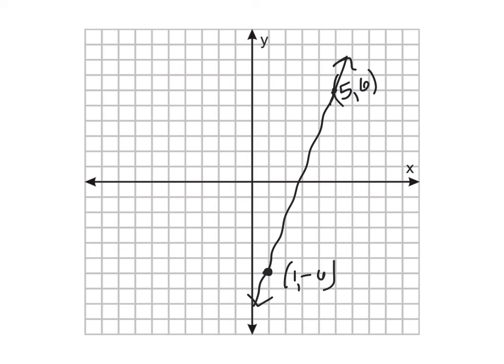So when we are looking for slope from a graph, we're going to do rise over run. So my rise is, I'm going to count my units. 1, 2, 3, 4, 5, 6, 7, 8, 9, 10, 11, 12. So it took me 12 jumps to do the rise.